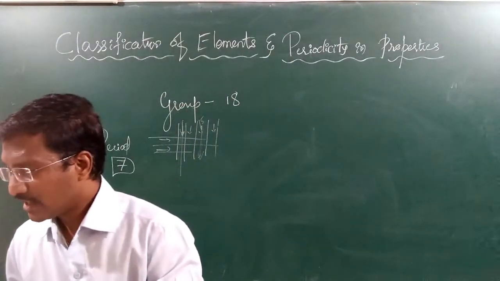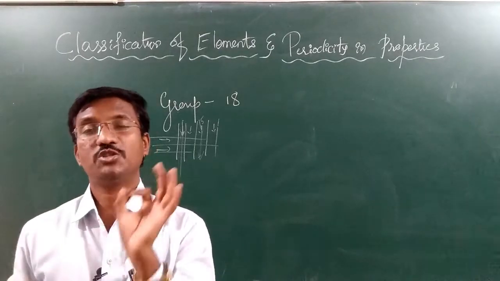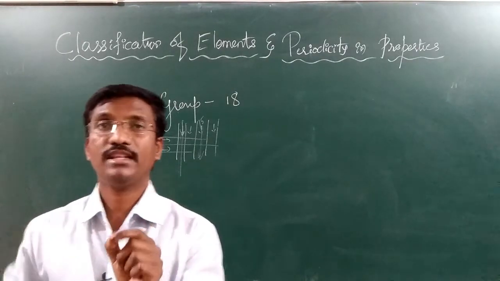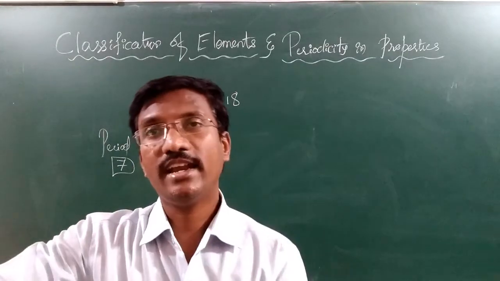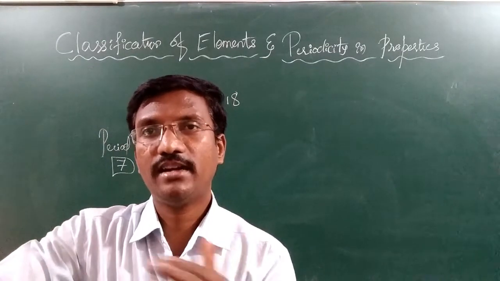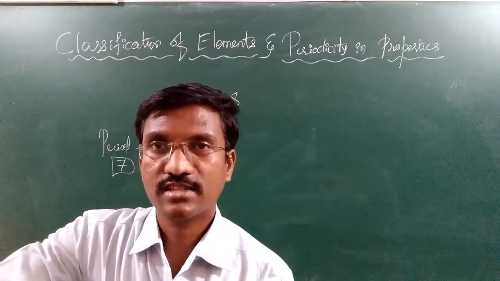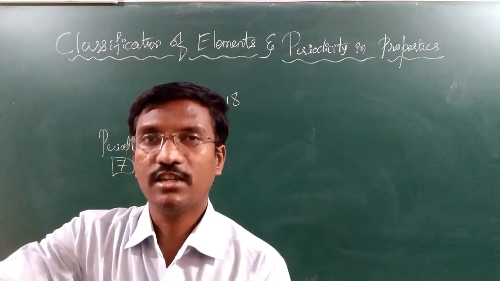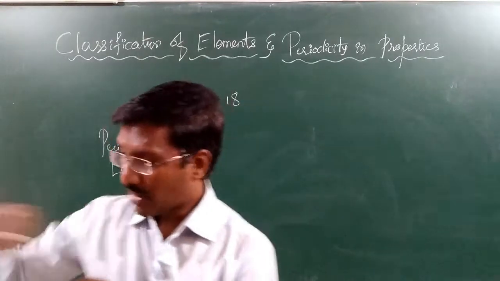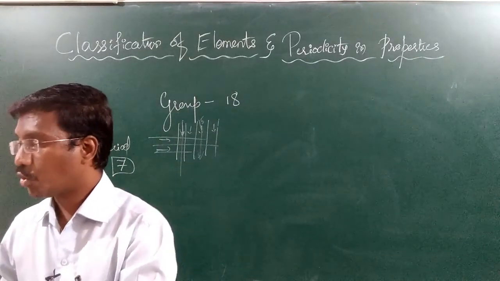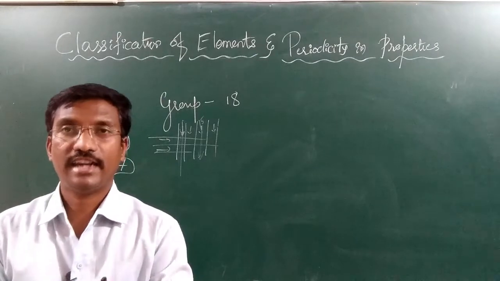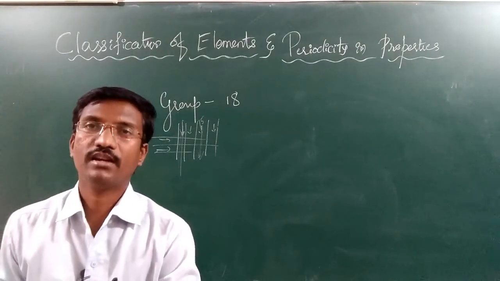In this chapter you have the nomenclature of elements which have atomic number more than 100. It may be 100, 101, 102, 125, 126, 150, 145, like that. You will have the knowledge to write the name for any atomic number more than 100.